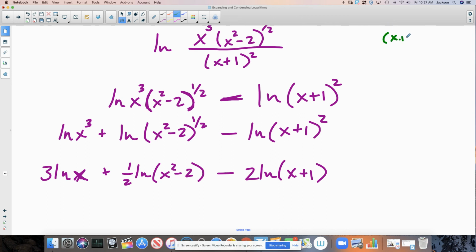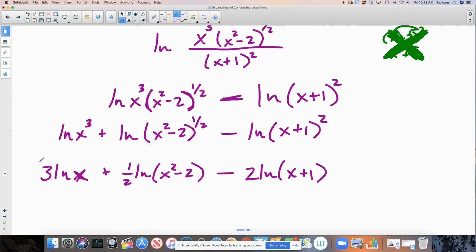How many times have we talked about why you can't distribute an exponent into a binomial, right? This is not x squared plus 4. No, no, no. We've said many, many times you cannot do this. And logarithms are exponents. So we cannot distribute logarithms into binomials. There's nothing you can do with this now.